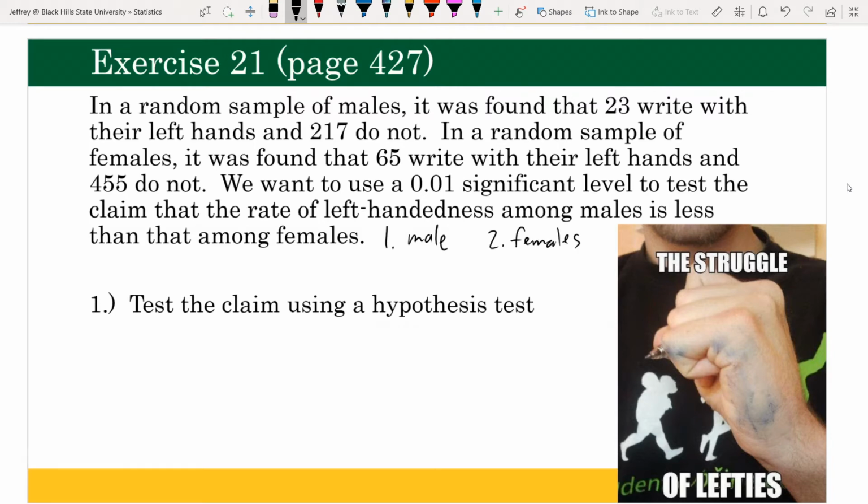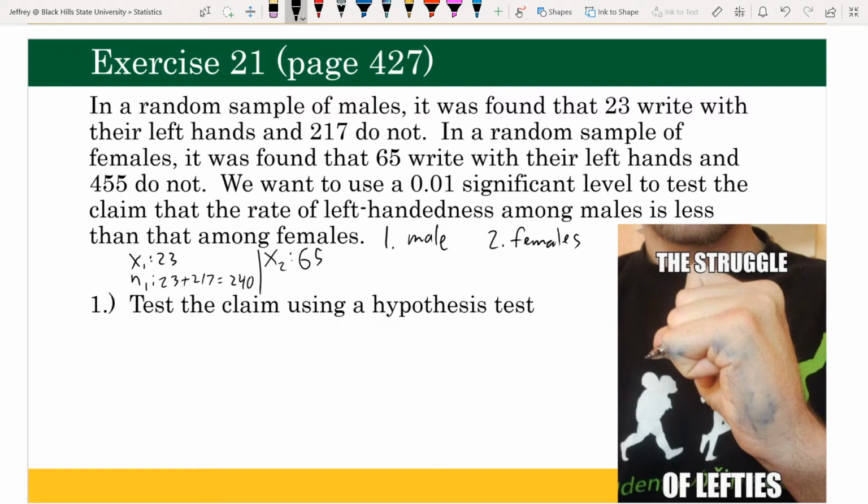Now we have to be a little bit careful because it does tell us x1 and x2. However, it does not actually tell us the sample sizes. Rather, it tells us the number of failures that we have, or in this case, the number of non-left-handed people. So x1 is in fact 23, but n1 is 23 plus 217. So we have a total of 240 males.